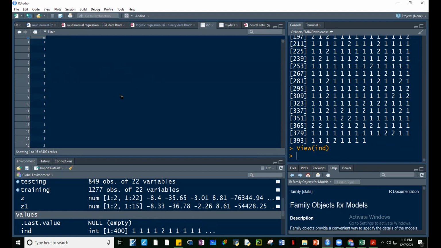So what happened was R partitioned our data into 1 and 2. Those that are number 1 will belong to group 1, and those that are number 2 will belong to group 2. So the first 4 observations will belong to group 1. Observation number 5 will go to group 2, and then observations number 6 up to 13 will go to group 1, and the rest, guys.